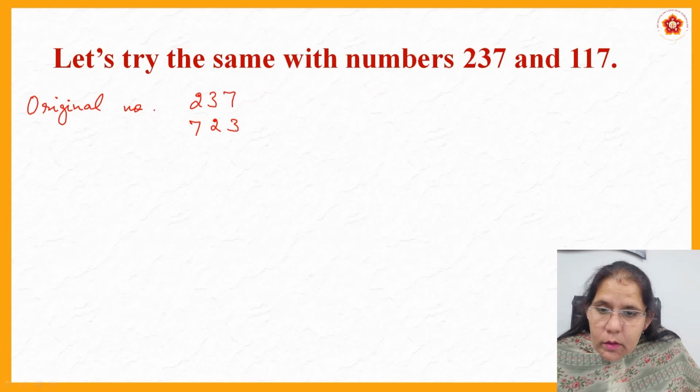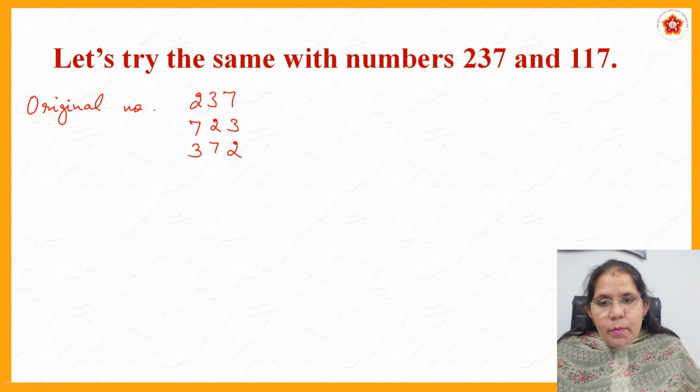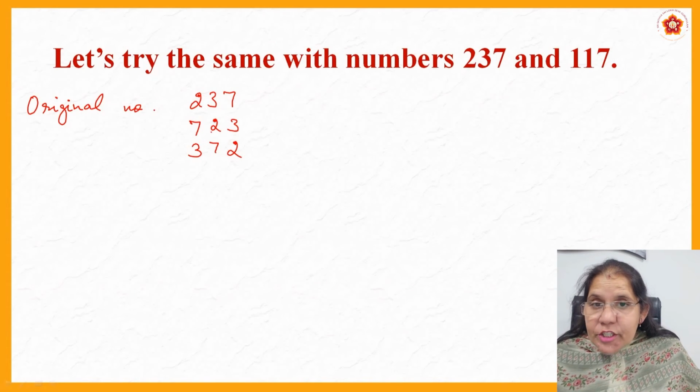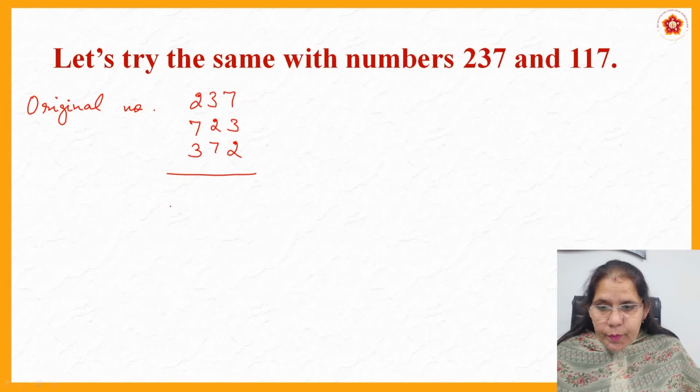Now, for the third number, 3 we will take from here and 7 and 2 will be copied in the same sequence. Now, you can check each row and column whether we have 3 different digits there or not. Here we have 2, 7 and 3. Here we have 3, 2 and 7, and in the last column we have 7, 3 and 2.